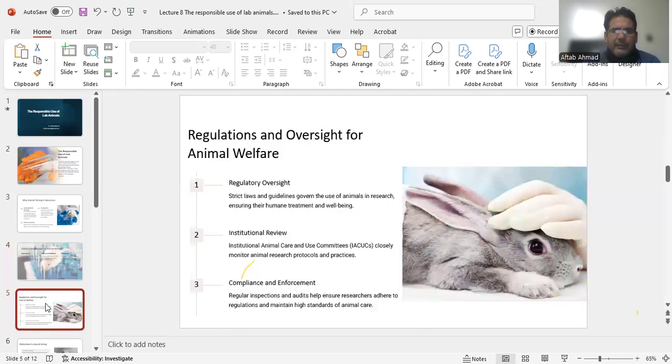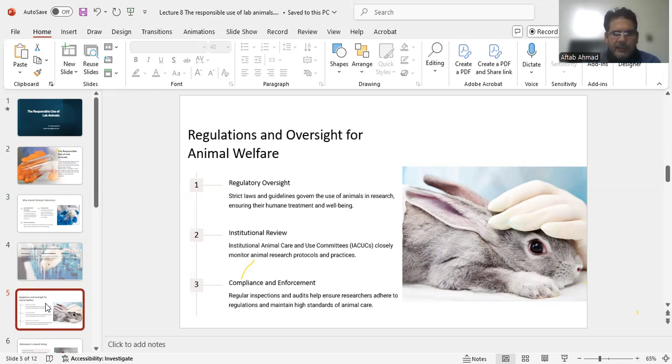Then, regulations and oversight for animal welfare. First, regarding regulatory oversight, there should be strict laws and guidelines governing the use of animals in research, ensuring their humane treatment and well-being. This is now being ensured in almost all the developed countries.